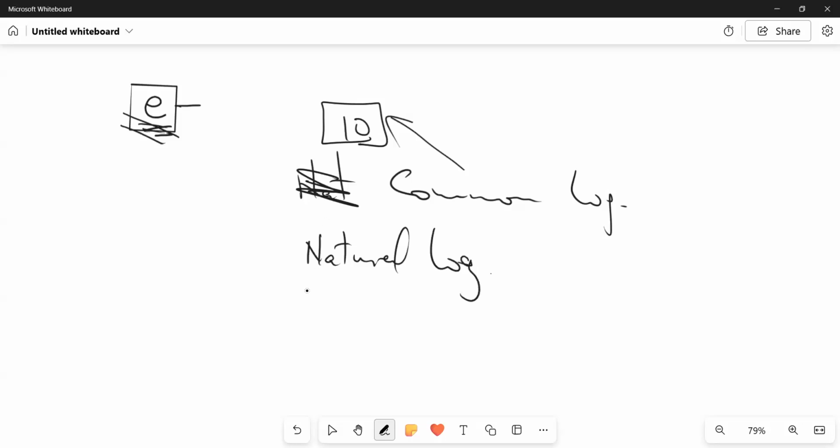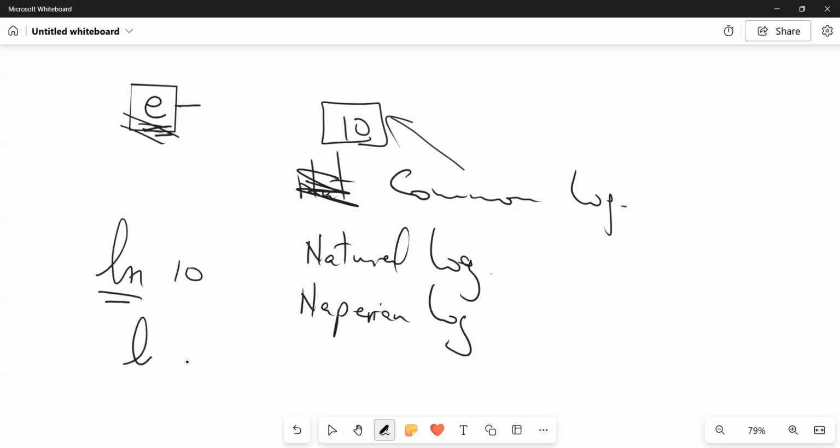Some books would use the word Neperian logarithm. And you will see on your calculator the ln. The ln of 10, the ln of 20. Again, you can't have the ln of a negative number, like -5. You can check it out. So ln is what you see on your calculator there, instead of log, you have ln.